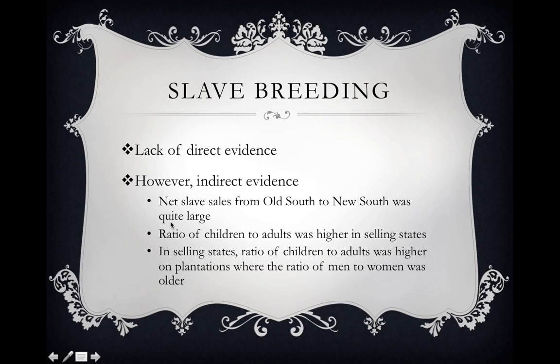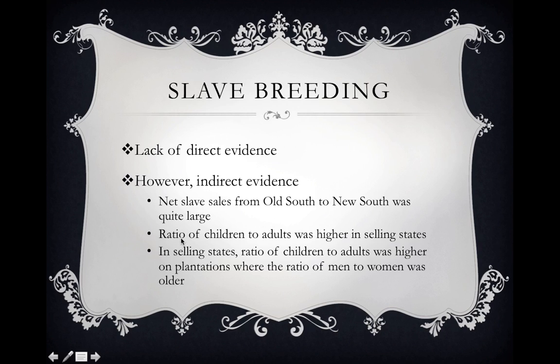As the plantation system and cotton migrated south and then into the west, the regions that were left behind became more dependent upon the breeding of slaves than the newer regions. Like I've said, there's no direct evidence of this, and we're just taking a look at indirect, circumstantial evidence.